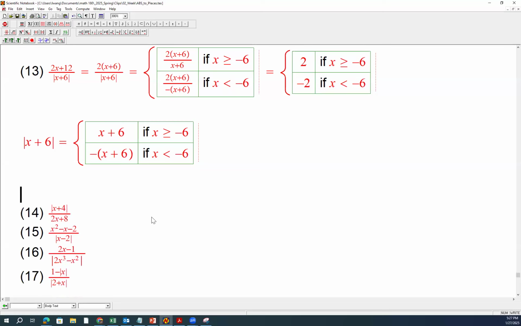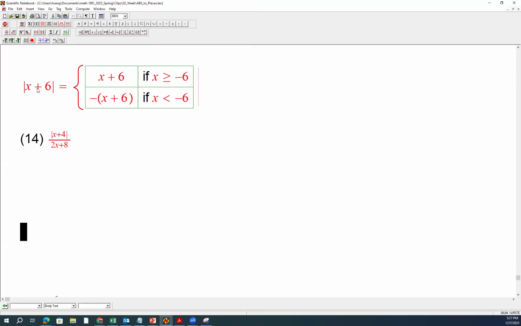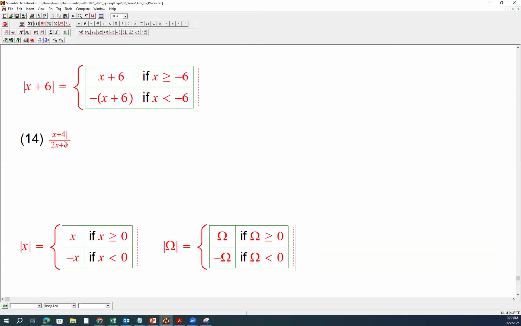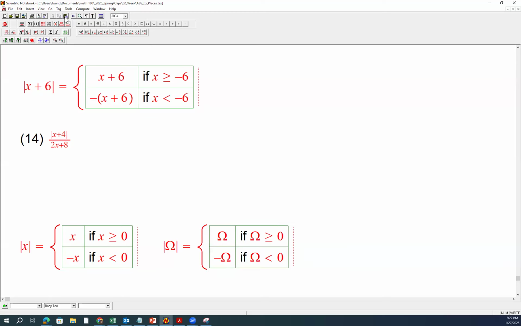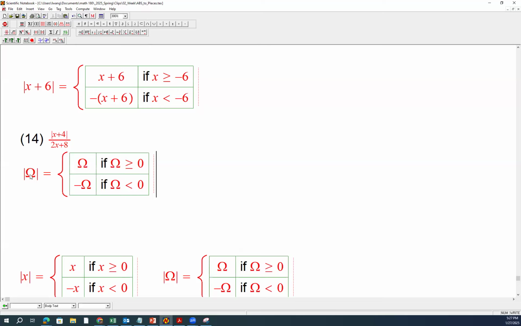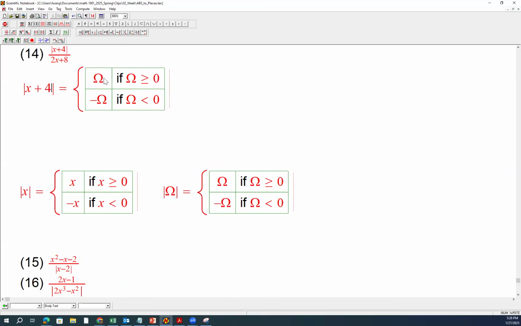Let's keep going. Number 14 is similar, but this time the absolute value is on the numerator. So we have x plus 4 in the place of omega.